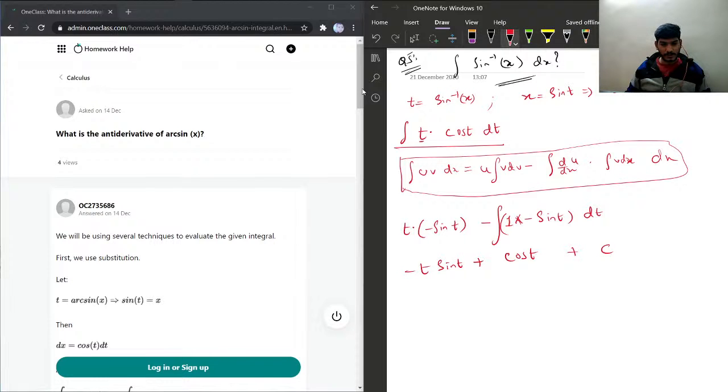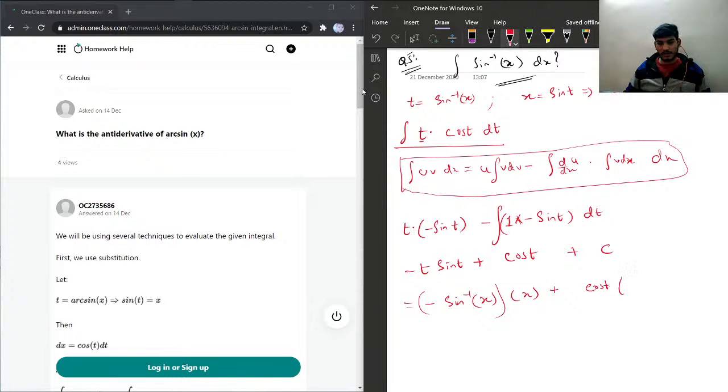Now I'll substitute the value of t as minus of sine inverse of x, and sine of sine inverse of x will be x, and this will become plus, and we'll have cosine t.